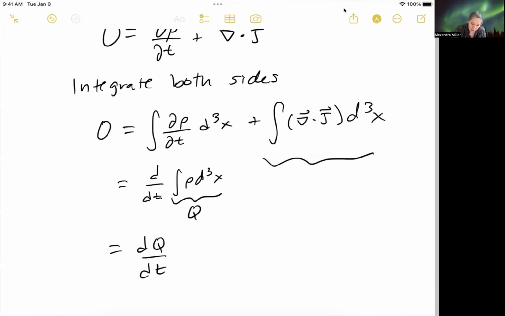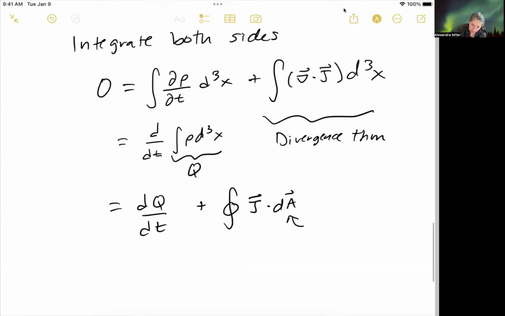Now, with this other term, we can use the divergence theorem that hopefully you've seen before in your multivariable calculus class or your mathematical physics class, or hopefully both. It's something that you should review if you aren't remembering it. So look up the divergence theorem, which tells us this second term can be rewritten instead of as a volume integral as an area integral of j dot dA, where we're integrating over some area enclosing a volume.